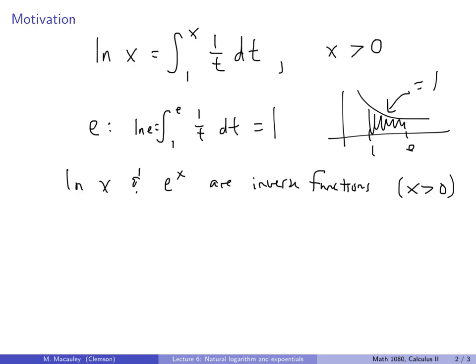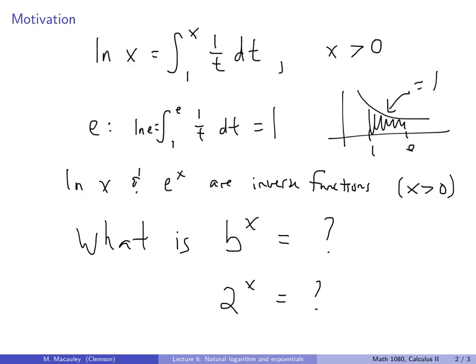So let me ask you this question. This sounds silly at first, but what is b to the x? Concretely, what is the function 2 to the x? Now that seems like a silly question.